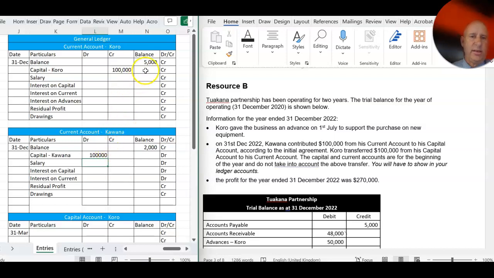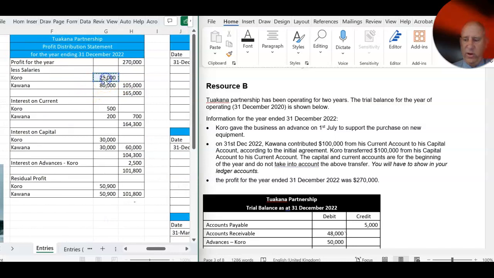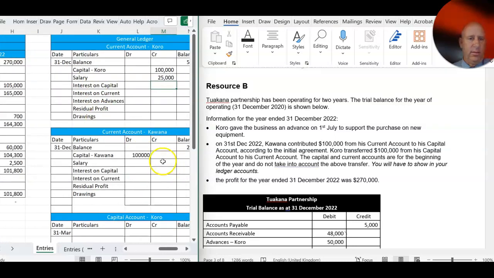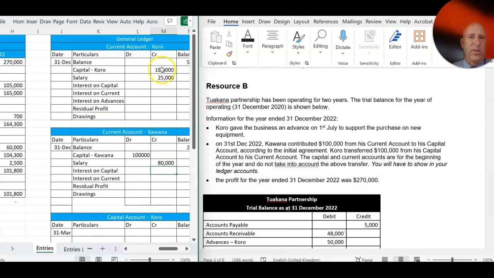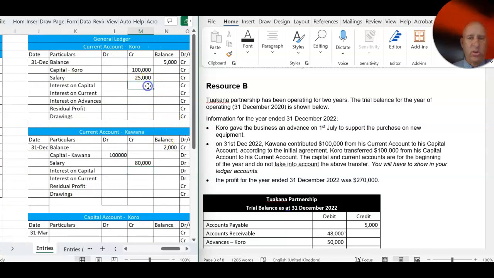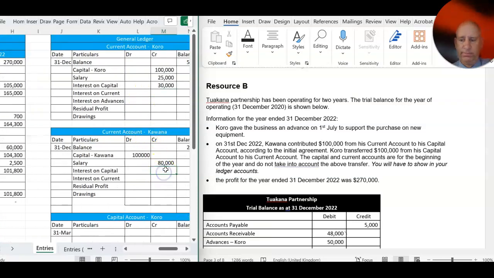So what we're going to do is put the rest in. So the salary, these are straight from the profit distribution. So salary for Koro was 25. The salary for Kawana was 80. These are addition, a reward, so it's going to increase your account. The interest on capital for Koro, and interest on capital for Kawana.